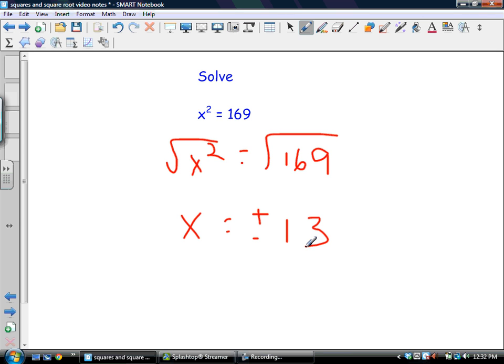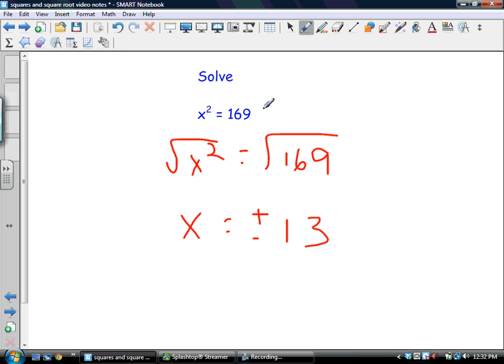And then, if you don't have it memorized, you go back to your chart and you see that the square root of 169 is 13. So what this tells us when we solve this is I can plug either positive 13 or negative 13 in for x up here, and I'll get 169. Which of course is true. 13 squared is 169, negative 13 squared is 169.